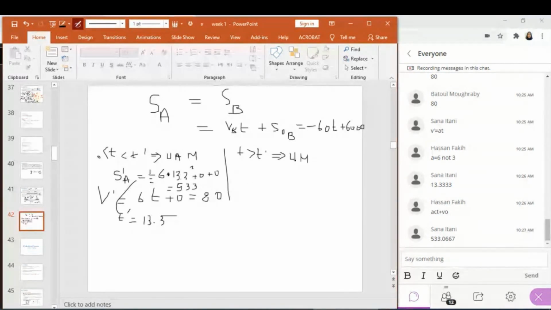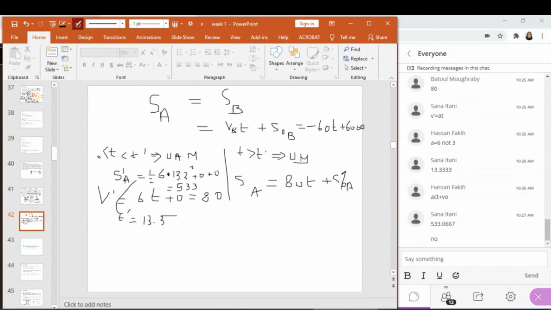Now, when t is greater than t prime, I have a uniform motion. My question is, since this is a uniform motion, can I say that this SA here is equal to ATT plus S0A, which is 0? Can I say that, guys?